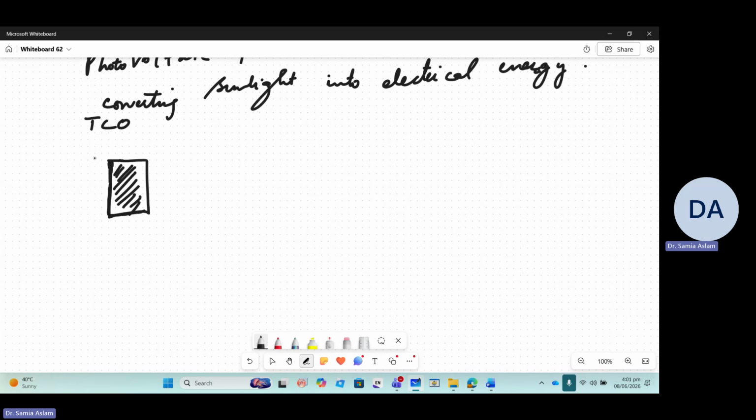Normally we use this kind of glass, which is very thick and mechanically strong. It is coated on one side with a conducting oxide, whether it is fluorine tin oxide, FTO, or indium tin oxide, ITO.